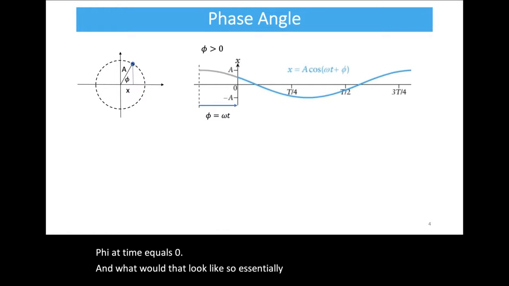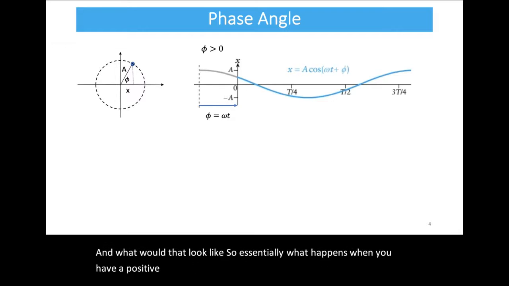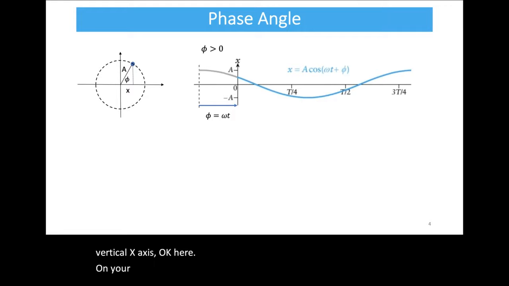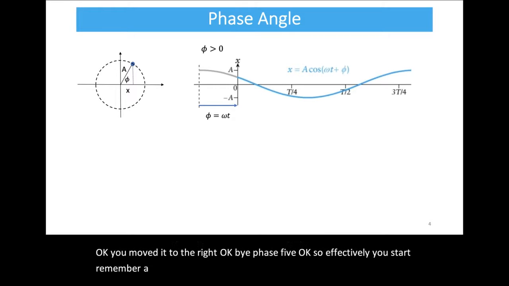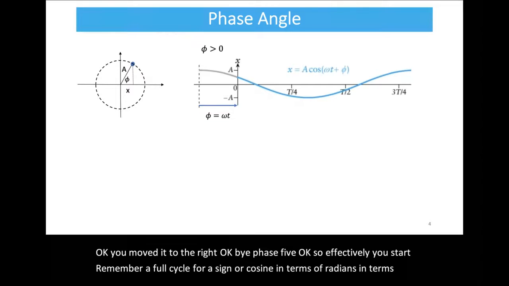With a positive phase angle like this, it's effectively like you took the vertical x-axis on your position versus time graph and moved it to the right by a phase phi. And remember, a full cycle for a sine or a cosine, in terms of phi, would be 2 pi.